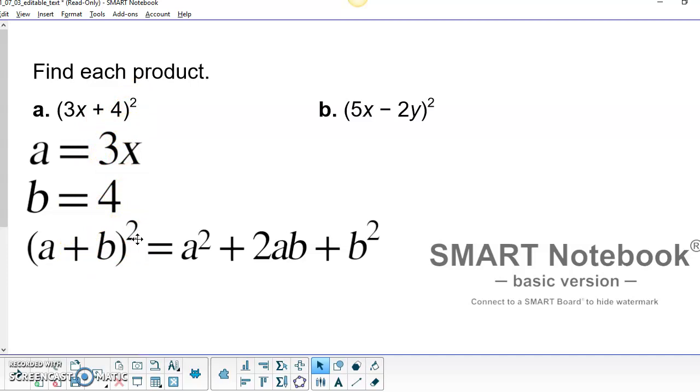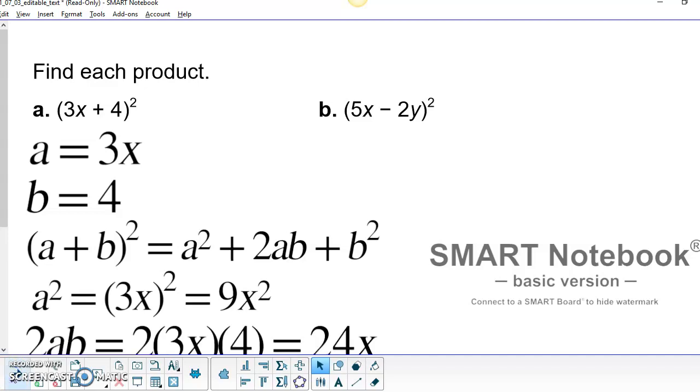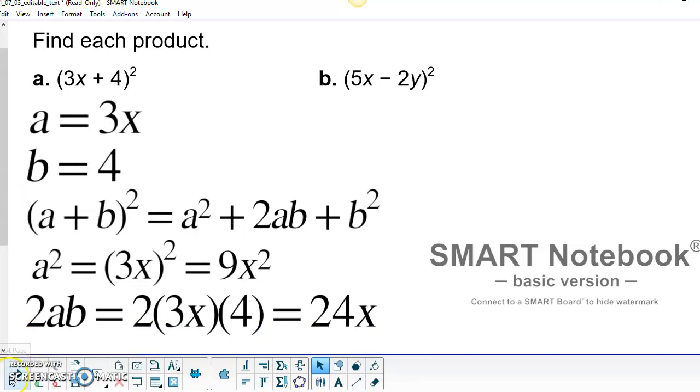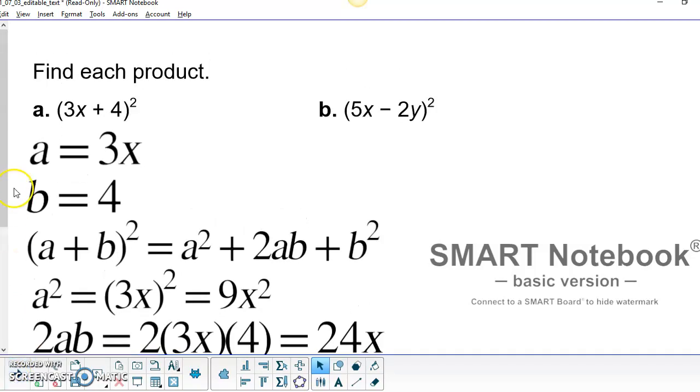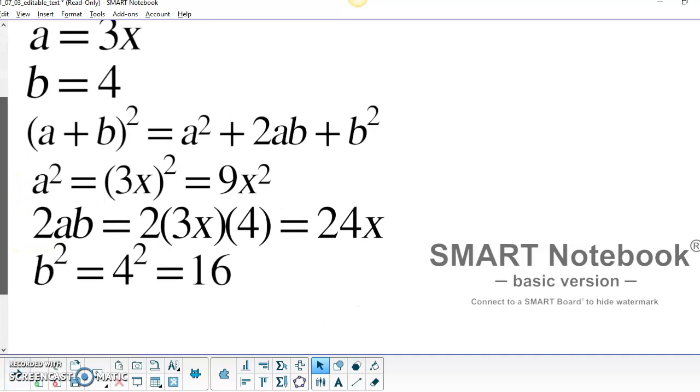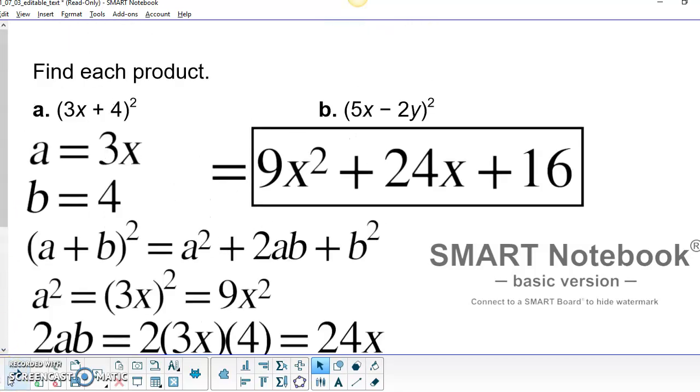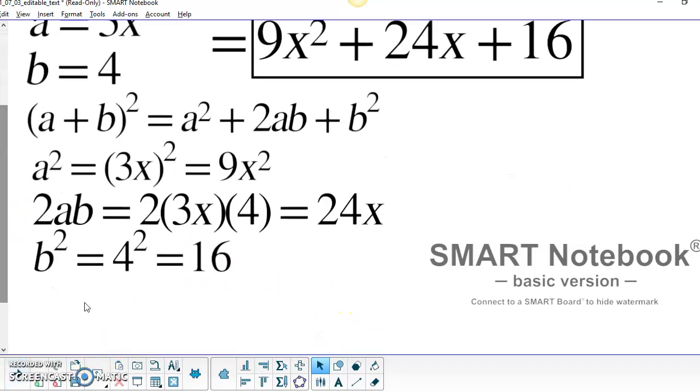And we said that was going to give us a squared plus 2ab plus b squared. So a squared is 3x squared, which is 9x squared. Then we have 2ab, which is 2 times 3x times 4, and that gives you 24x. And then we have b squared, which is 4 to the second power, which is 16. So your final answer is going to be 9x squared plus 24x plus 16.